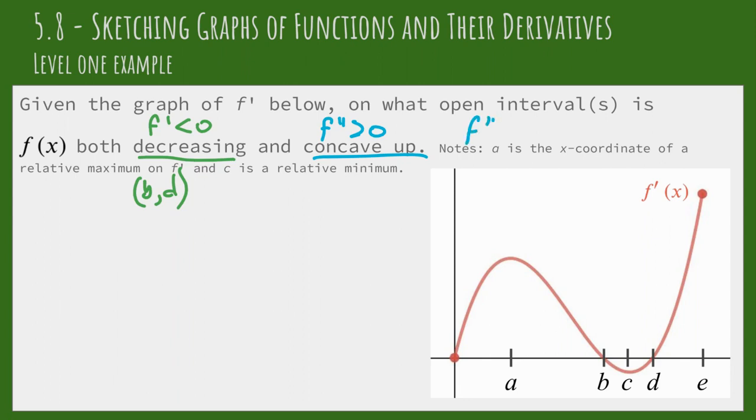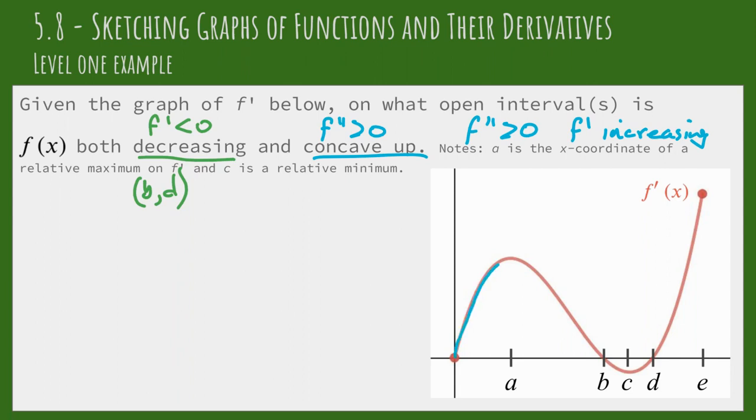So where f double prime is positive is the same thing as looking at where f prime is increasing. Because if f prime is increasing and we take the derivative of that, we're going to get positive slopes on f prime, which gives us a derivative of f prime that's going to be positive.